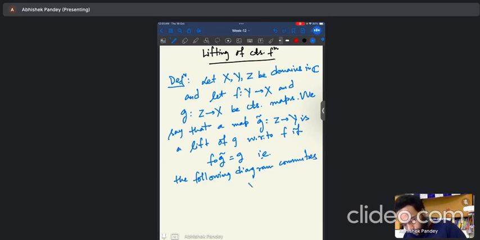We have Y to X with f, and Z to X with g, and we want to define g tilde from Z to Y. So this diagram should commute.